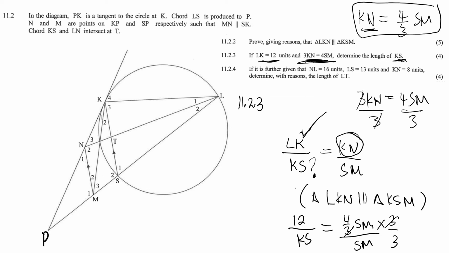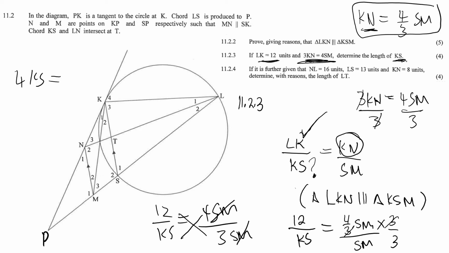We'll be left with 4 SM. So it will be 12 over KS is equal to 4 SM, all divided by 3 SM. SM and SM will cancel. Then when we cross multiply, it will be 4 multiplied by KS. It will be 4KS is equal to 3 multiplied by 12. To solve for KS, we divide by 4 on both sides. This cancels this.